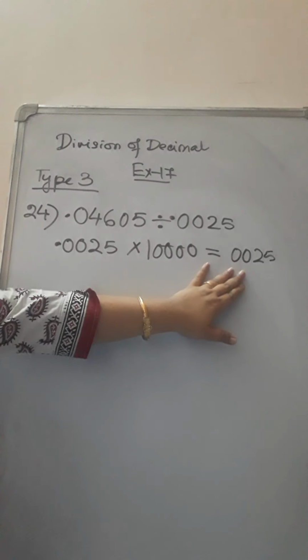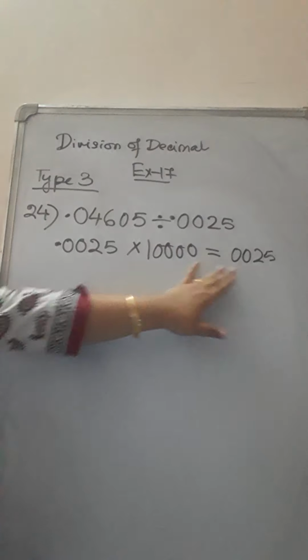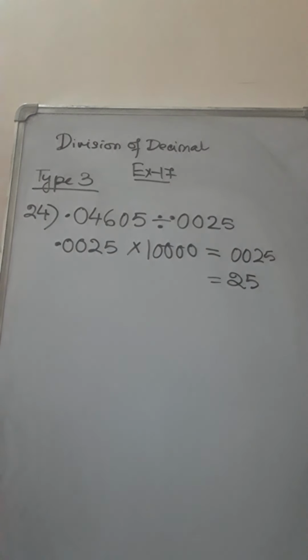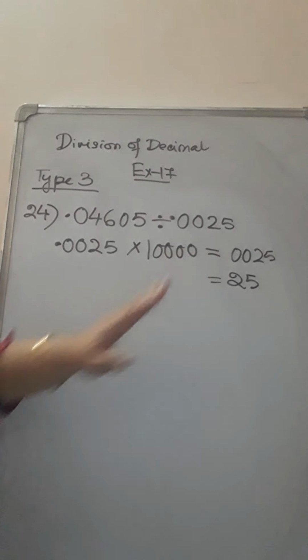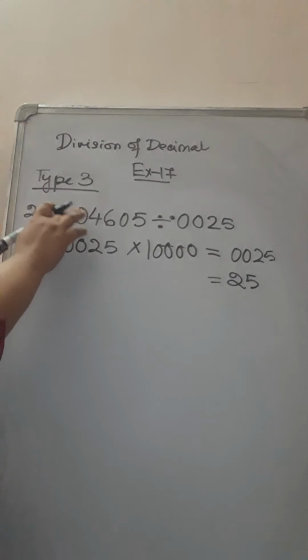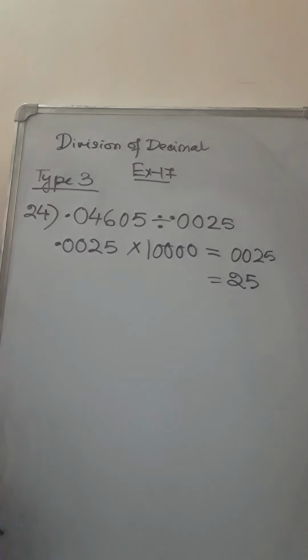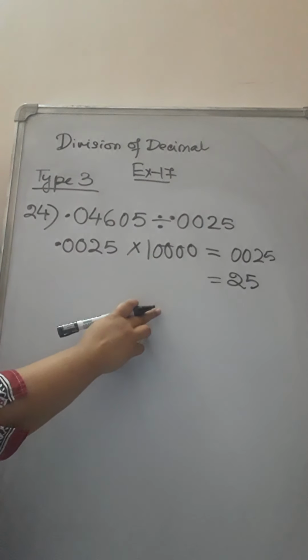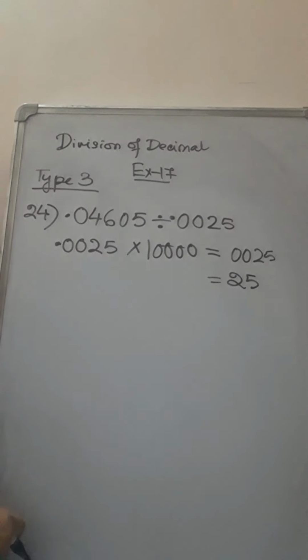Zeros before a number have no value, so it is basically 25. 0025 means only 25. So we have changed the divisor into a point free number. Now we are going to do the same thing with the dividend. I am not going to remove the point, but I am going to multiply by the same figure which I have done to the divisor.